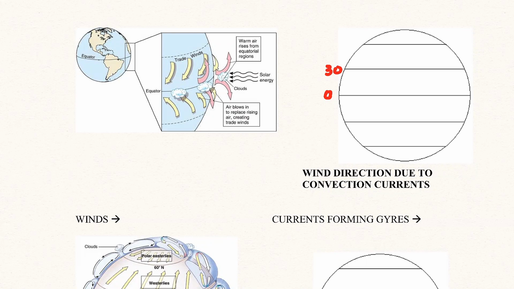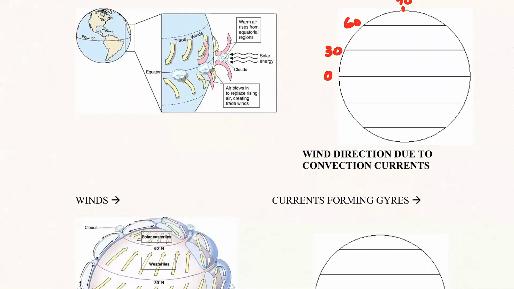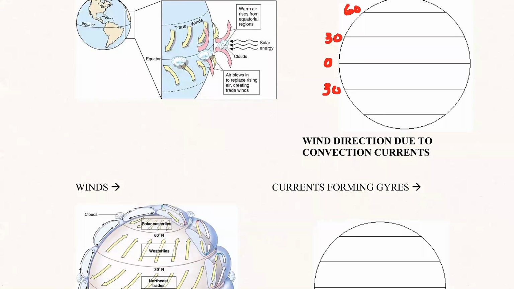Going to the next one, of course, we'll have 60 degrees north. And then at the very top, we'll have 90 degrees north. That's the North Pole. Similarly, going down the southern hemisphere, you have your 30 degrees south, your 60 degrees south, and of course, your 90 degrees south as well.